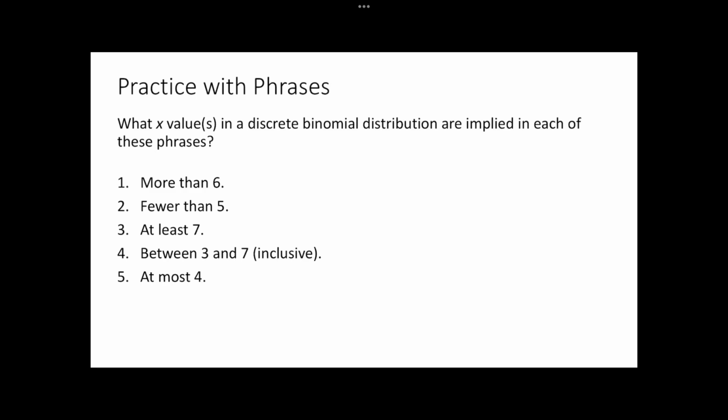Let's make sure that we're comfortable with the language. If I say more than 6, what x values do I need to include? Well, this means more than 6, so I'm going to start with 7, 8, 9, all the way up to n. What about fewer than 5? In this case, I'm going to start at 0 and go up to 4.